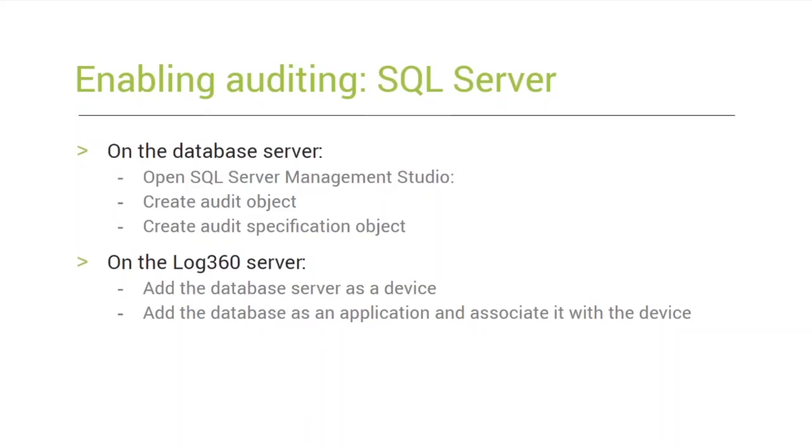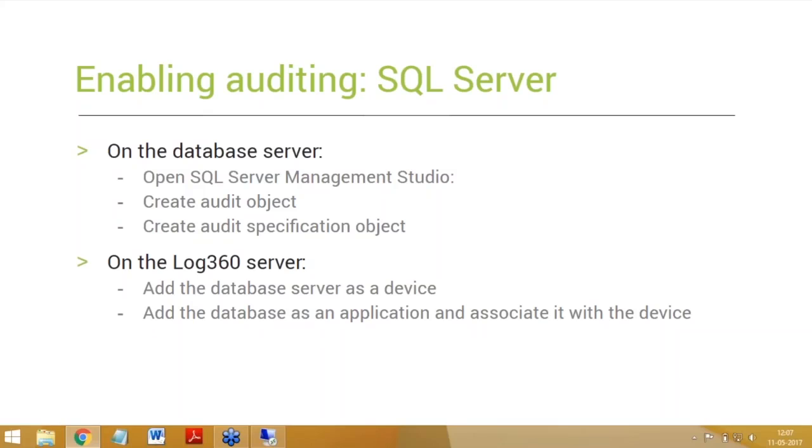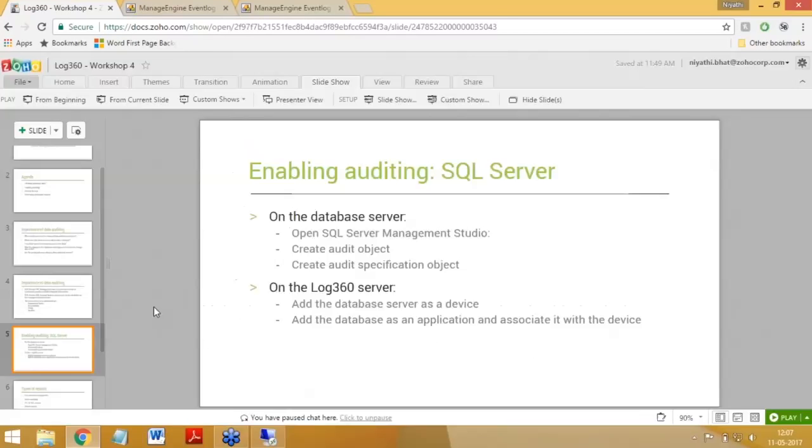You'll have to create an audit object, and after that you'll have to create an audit specification object and associate it with the audit object that you've just created. After you do this, on the Log360 server side, you'll have to add the database server as a device, and then you'll have to add the database itself as an application that needs to be audited and associate it with that device. So I'll just show you how you can do this.